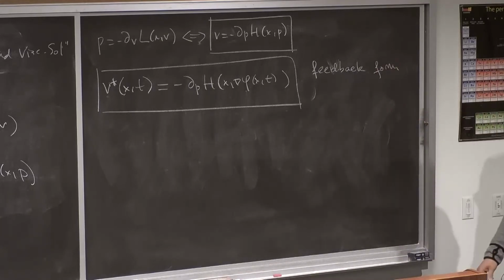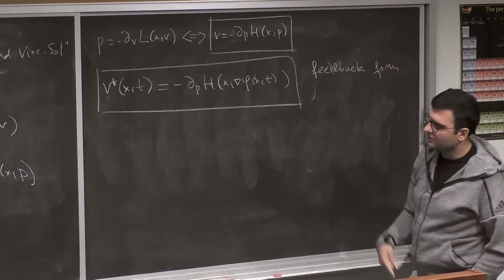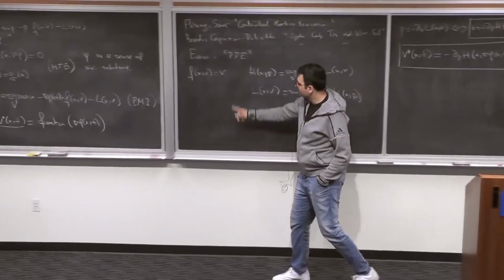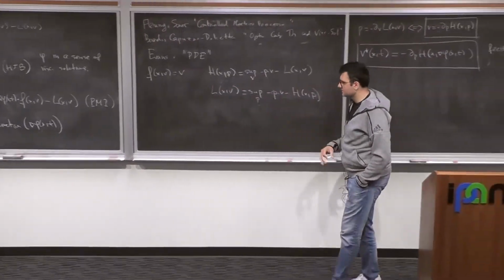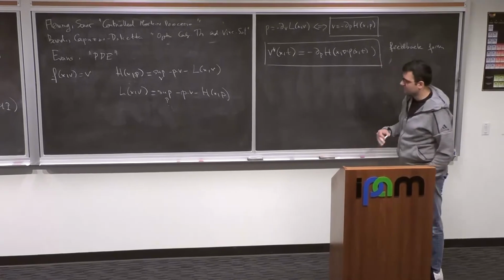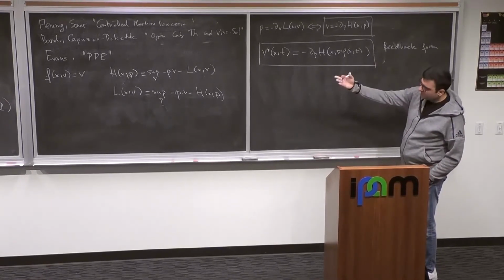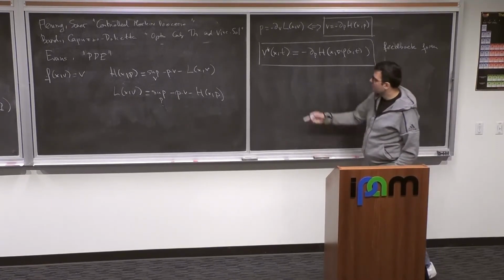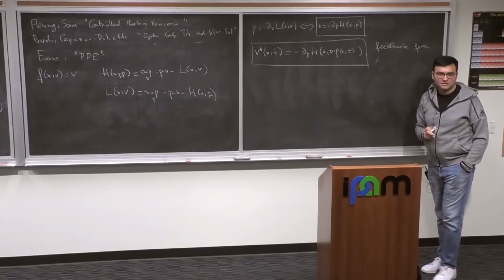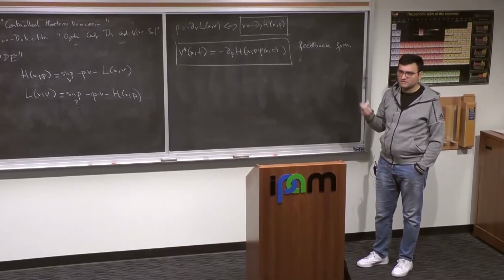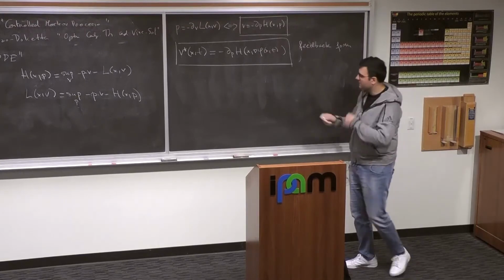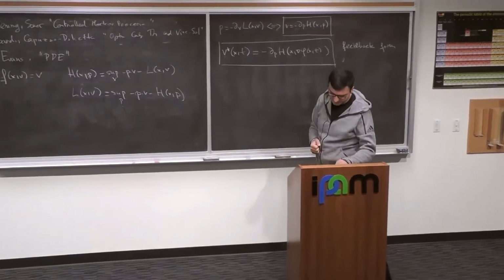Okay. So in case f of x, v is just v, and under some convexity assumptions on the Lagrangian and smoothness assumptions, if we solve the Hamilton-Jacobi equation, then the optimal actions are given by this formula that we will need later.